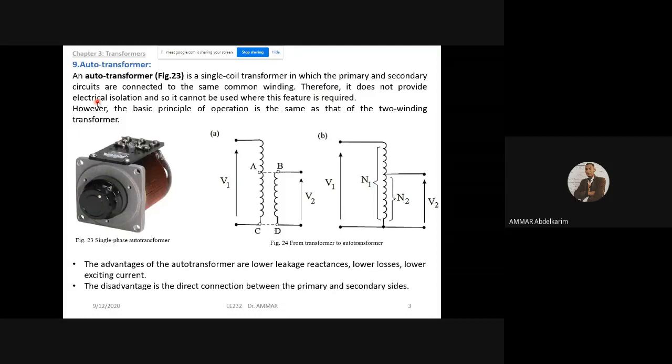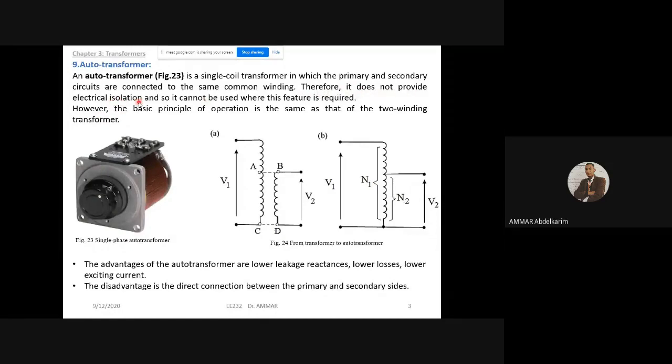We said that the primary and the secondary of the transformer generally are not connected, only with the flux. But here in the auto transformer, they are connected because they have a common winding. So this is the difference from the conventional traditional transformer with 2 windings to the auto transformer.